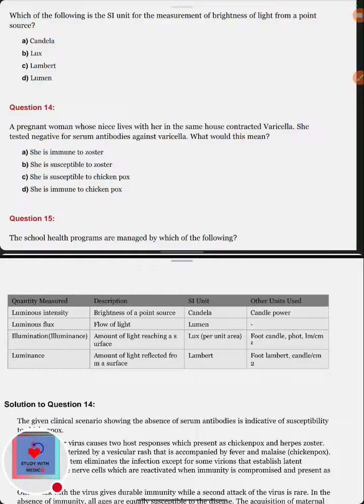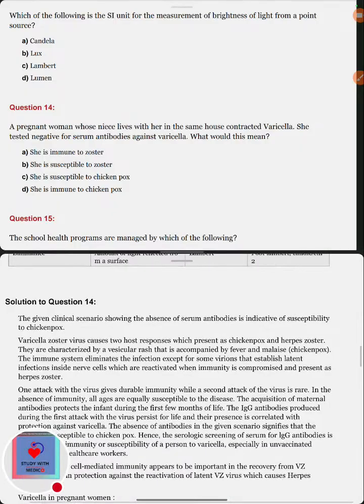She is not immune to chickenpox, varicella zoster. She is susceptible to chickenpox.